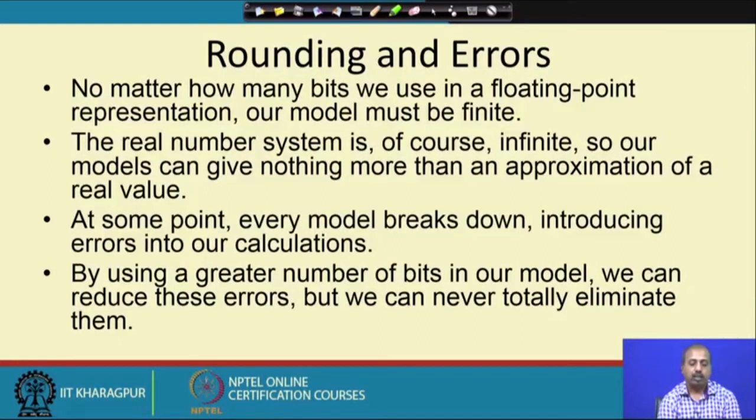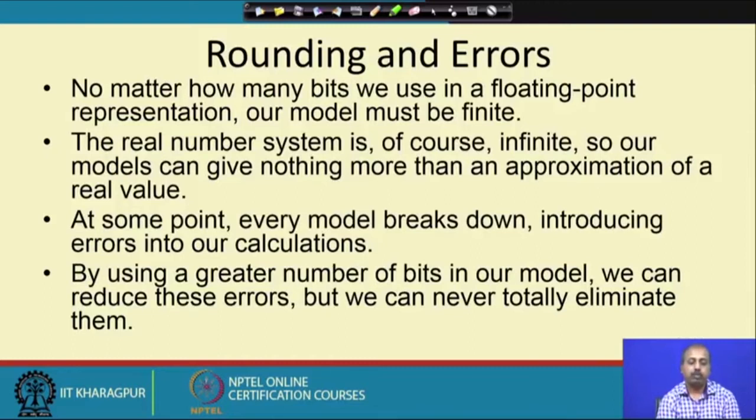Another very important issue with this floating point representation is the rounding and errors. No matter how many bits we use in a floating point representation, our model is finite. As I was telling, floating point numbers can go up to infinity, and after the decimal point, however many digits you keep, it can go up to infinity.